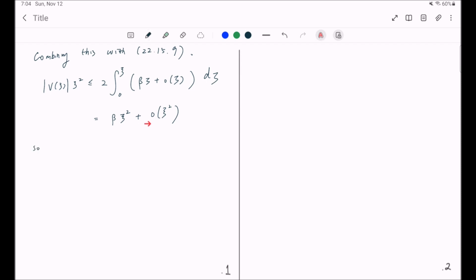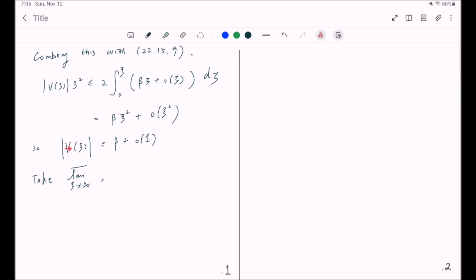So if you divide both sides by psi squared, v of psi absolute value will be bounded by beta plus little o of 1. Now take lim sup as psi goes to infinity.